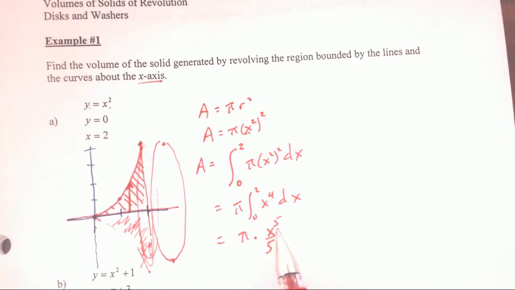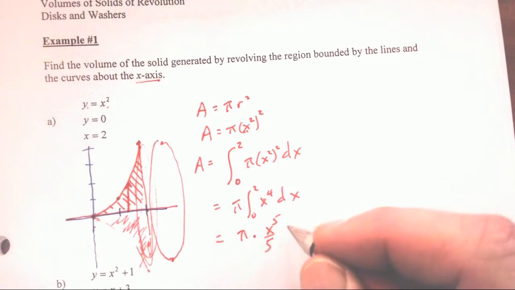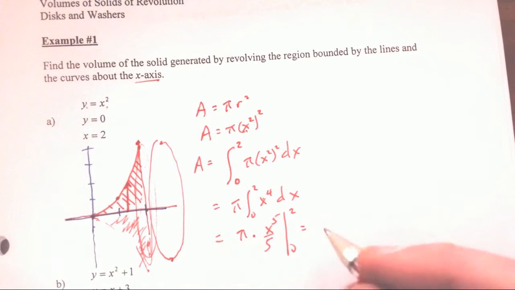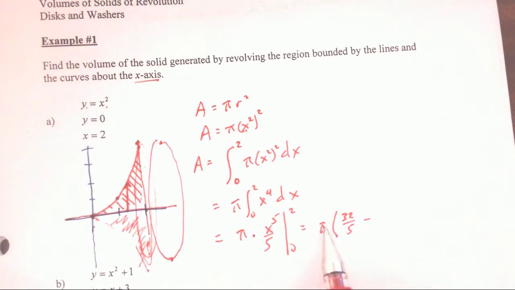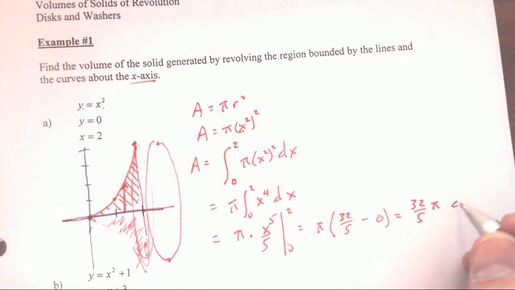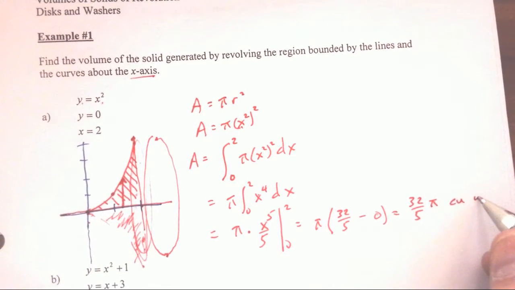We always double check that, take the derivative moving backwards, and we've got it. And that is from 0 to 2, so that is pi times 2 to the 5th, 32 on 5, minus pi times 0, or 32 on 5 pi cubic units.